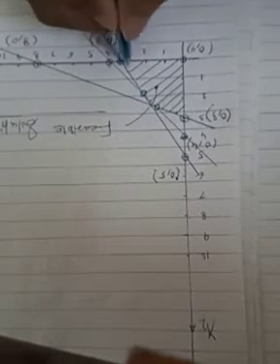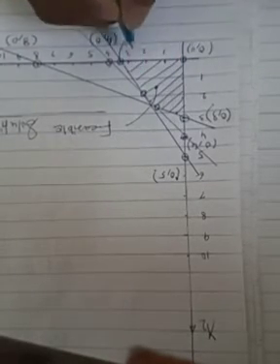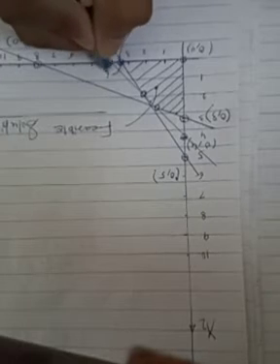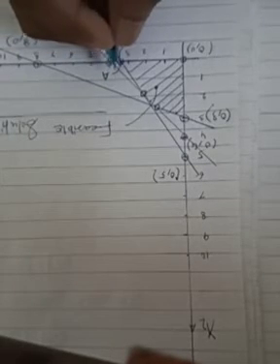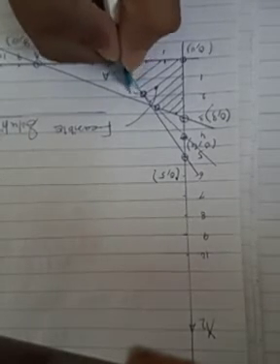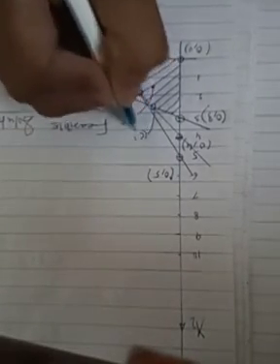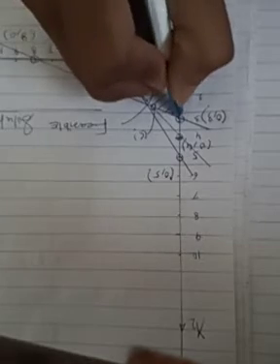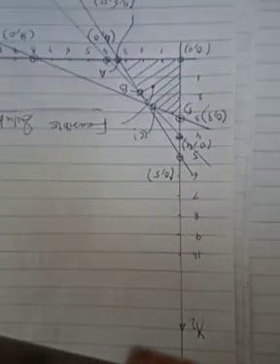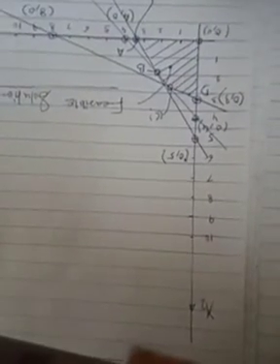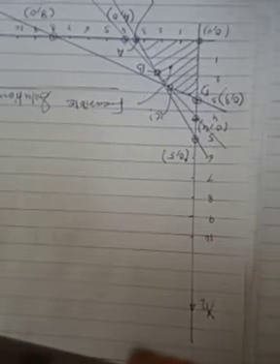So let us mark these points on the shaded region as A. This point is A. This point as B. This point as C. And this point as D.